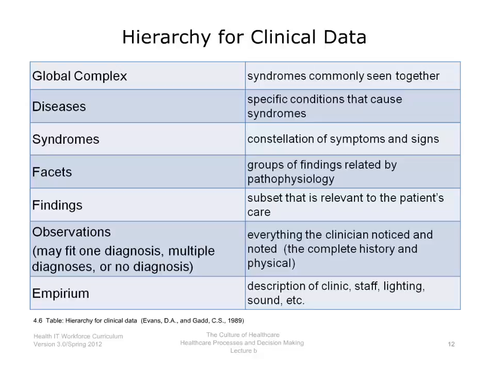A common example is portal hypertension from alcoholic cirrhosis, which is a global complex involving a whole host of syndromes that affect many different organ systems and cause many different symptoms, all connected to one underlying pathophysiological process. Clinical discourse contains many examples of communications about patients at various levels of this hierarchy, indicating the varying degrees of understanding or certainty about what is wrong.